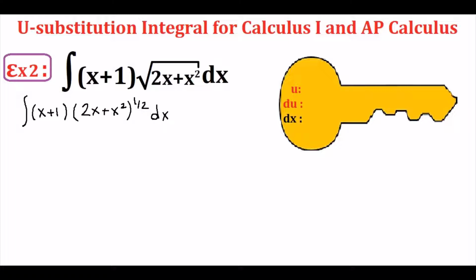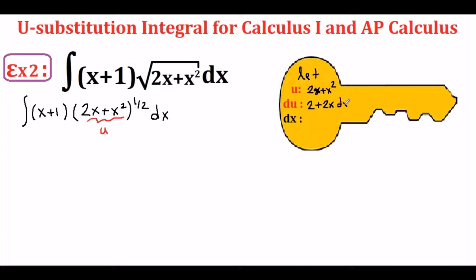Now we're going to call this part u. So let u become 2x plus x squared. Then du will be the derivative of this. Derivative of 2x is 2 and derivative of x squared is 2x.